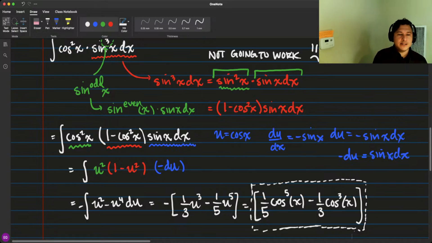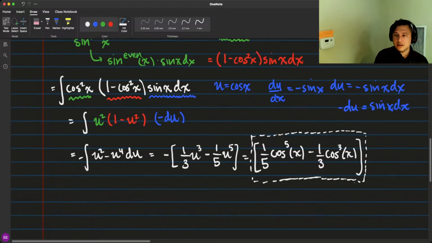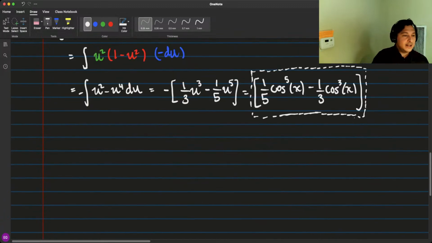So let's generalize this. Let's say that you have the antiderivative of cosine to some power n times the sine to some power m.